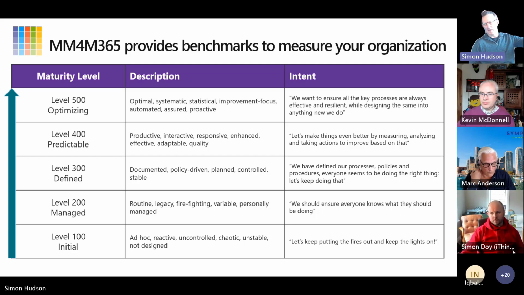And then we go up from there into optimizing the organization through an intermediary step of predictable. All of this and more detail besides is in the maturity model overview and each individual maturity model competency on the Microsoft Learn site.